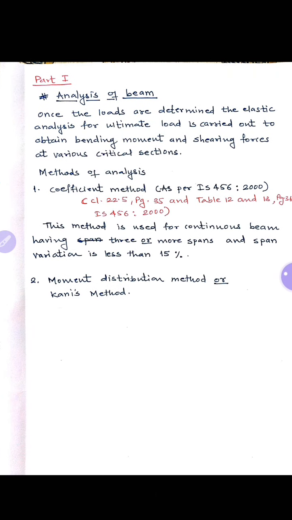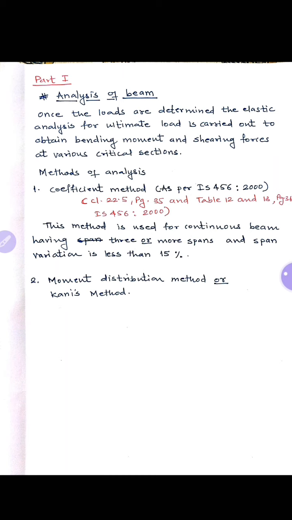Next, once we are done with our load calculations, we have to find bending moment and shear force at critical sections. For simply supported beams, it is quite easy. We have to of course follow elastic analysis for ultimate load, bending moment and shear force calculations.